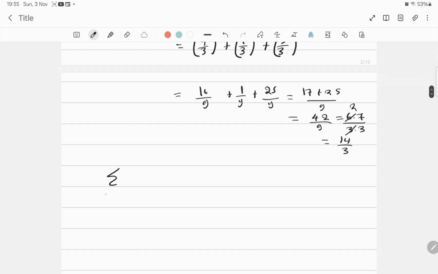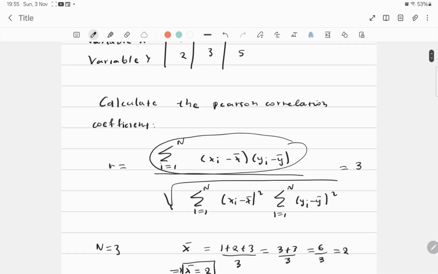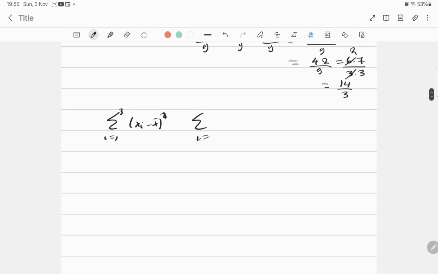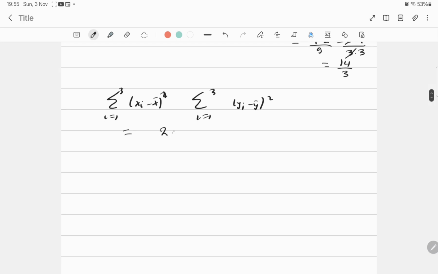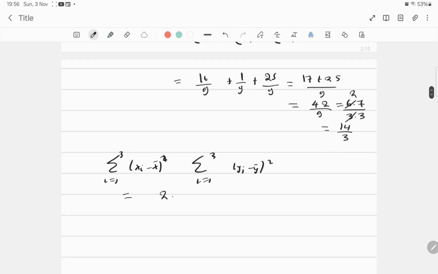So let's find the denominator now. The sum of xi minus x bar squared times the sum from i equals 1 to 3 of yi minus y bar squared. That's 2 times 14/3.